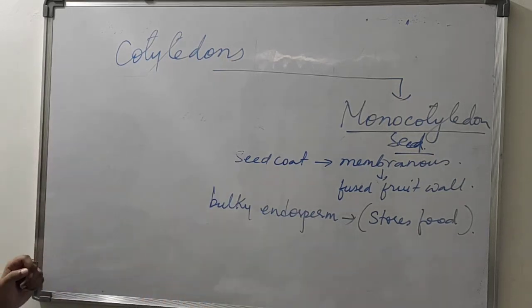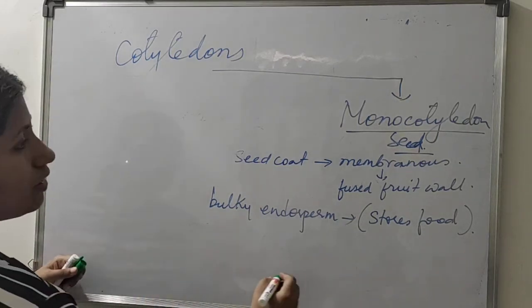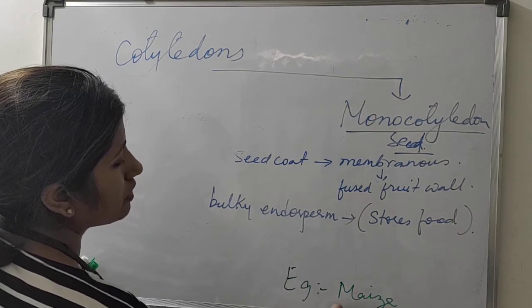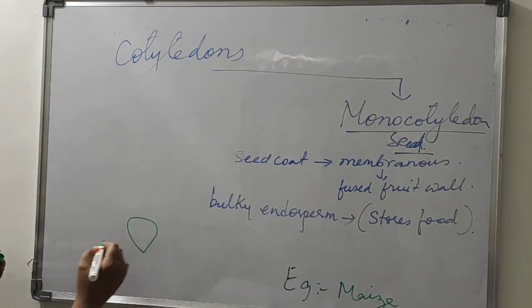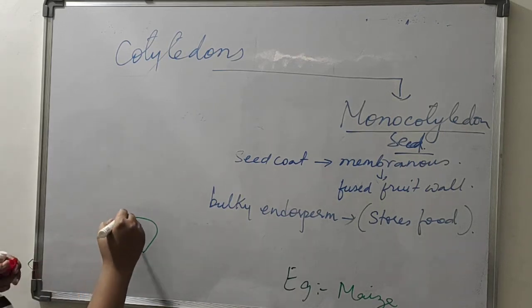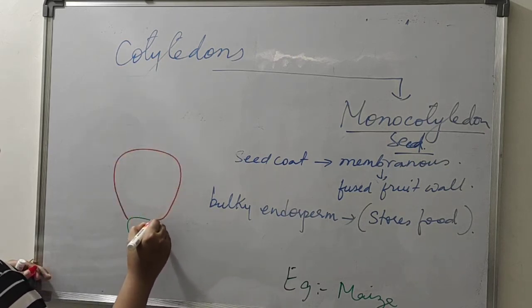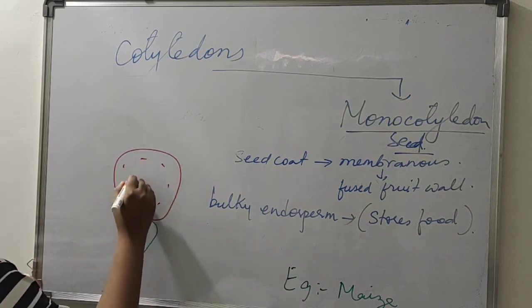let me draw the diagram. So an example of a monocotyledonous seed is maize. Here is the seed, which is very small in size, and above the seed it has endosperm, which has reserve food.